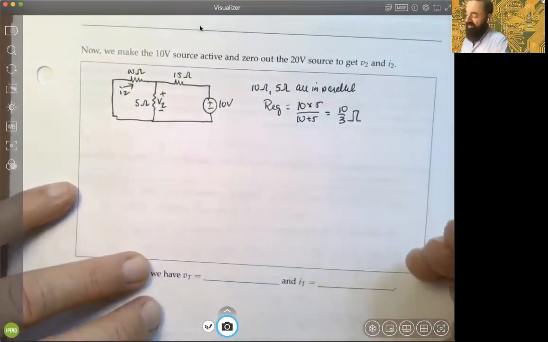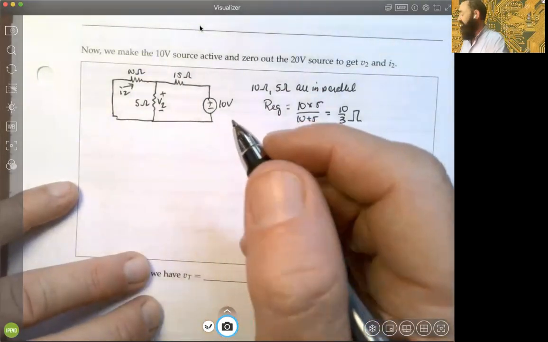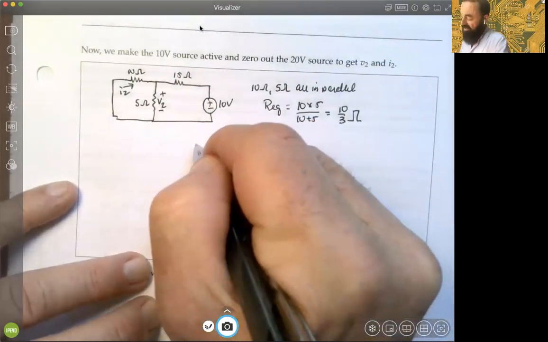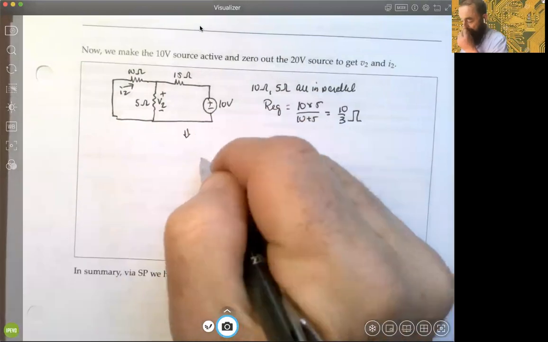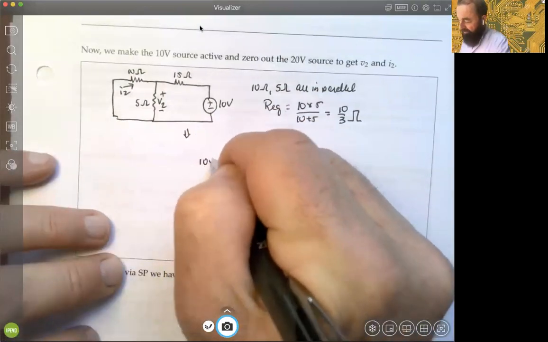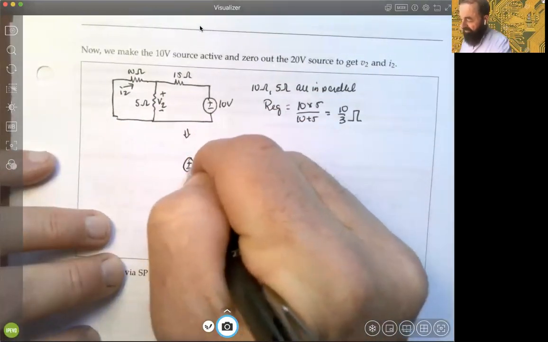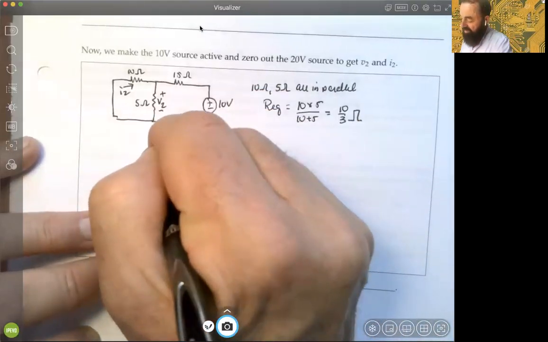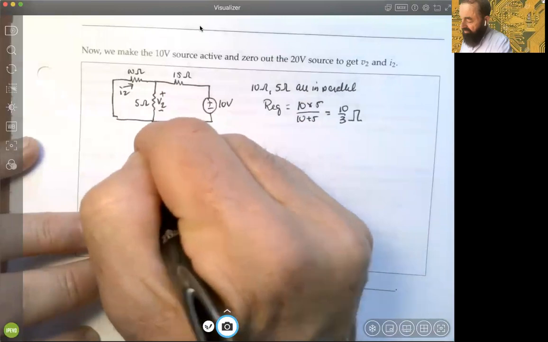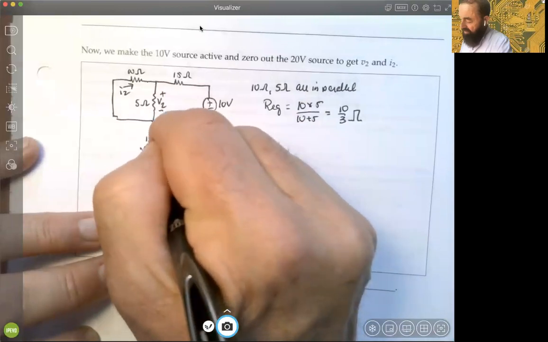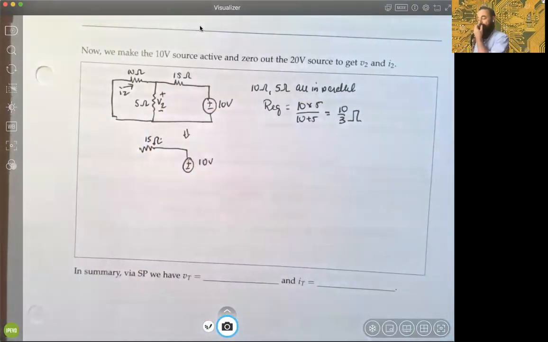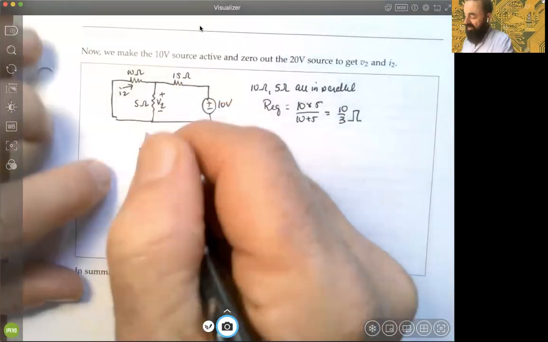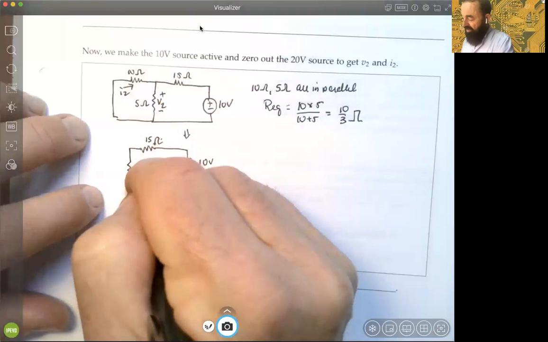All right. So let's just clean this up a little bit. Leave the 10. This then has an equivalent now. We have 10 volts on this source. Still have the 15 ohm resistance there at the top. And now we've combined these into one here. So here we go.